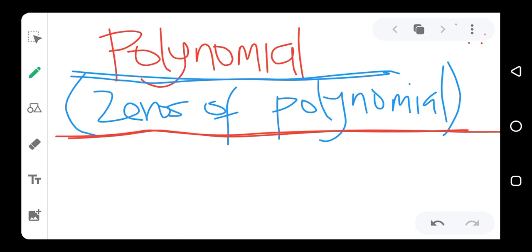A zero of a polynomial is a value that you put into the polynomial function to get 0.